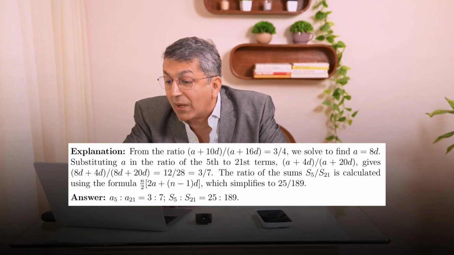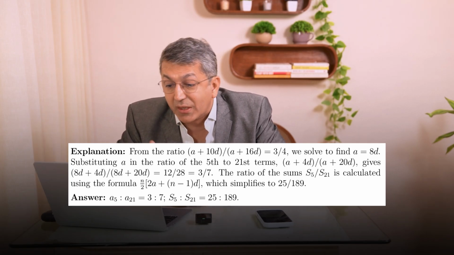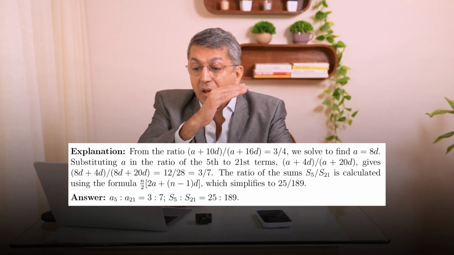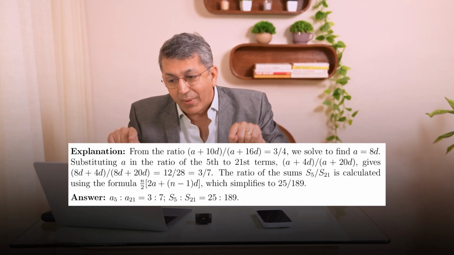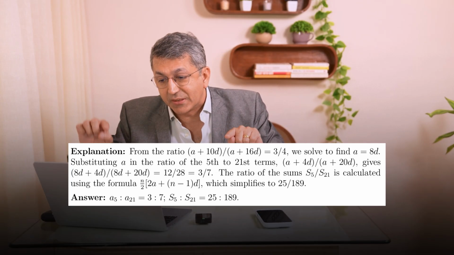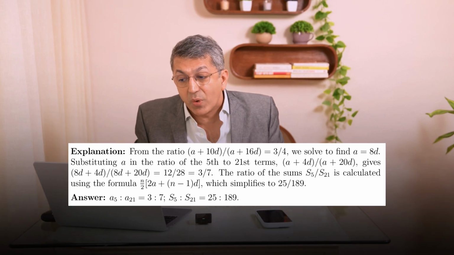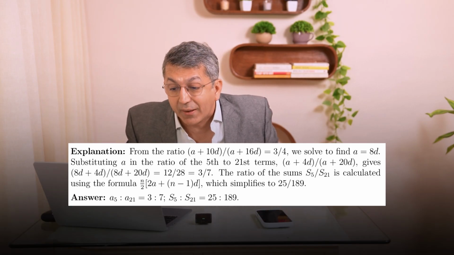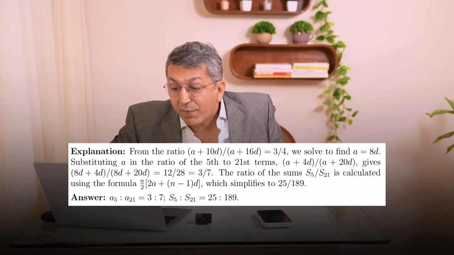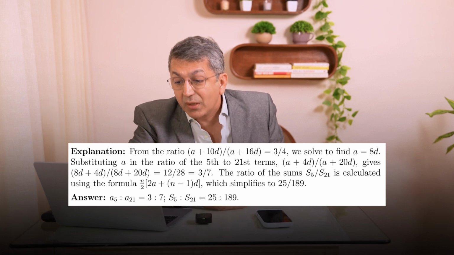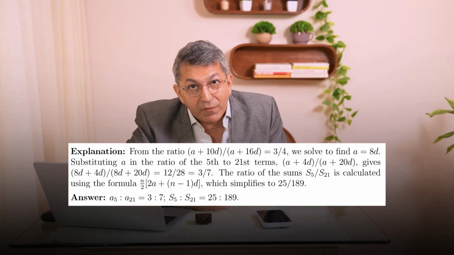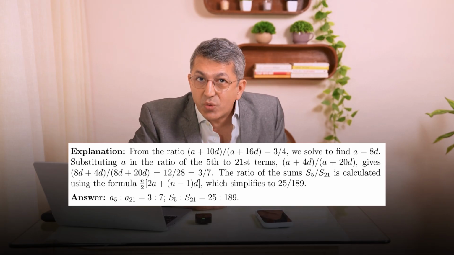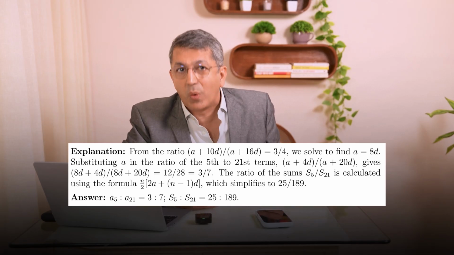The ratio of the sums S5 divided by S21 is calculated using the formula n divided by 2, in brackets 2a plus, in brackets n minus 1, close brackets d, which simplifies to 25 divided by 189. So the answer: a5 is to a21 is equal to 3 is to 7, S5 is to S21 is equal to 25 is to 189. We have another alternate question for you.